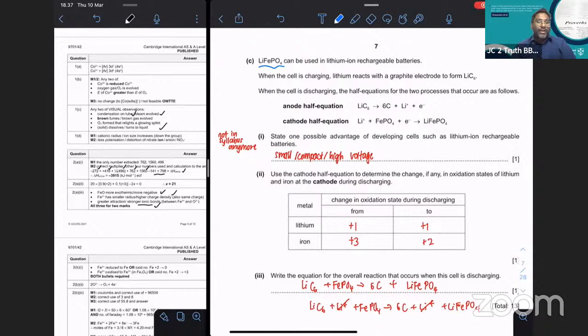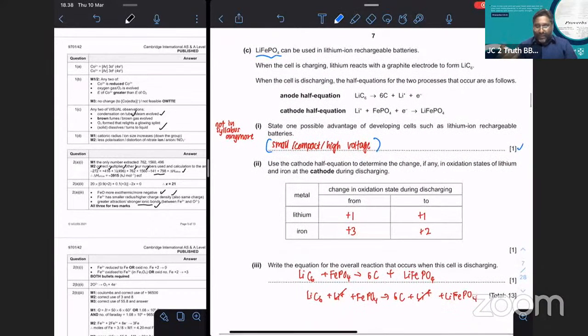It doesn't mean that they are out of the syllabus, they cannot ask at all. So this is 1 mark. They are asking you to state one possible advantage of developing cells like lithium ion rechargeable batteries. Lithium ion rechargeable batteries are small and compact, and they are able to generate high voltage for that small or compact size. So that is going to be the answer.